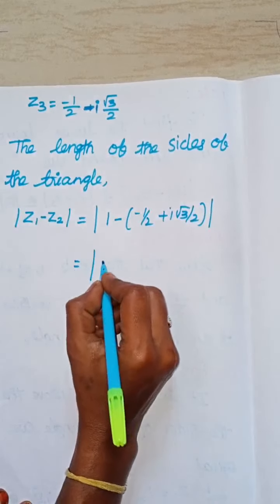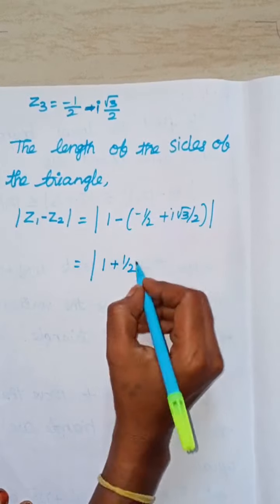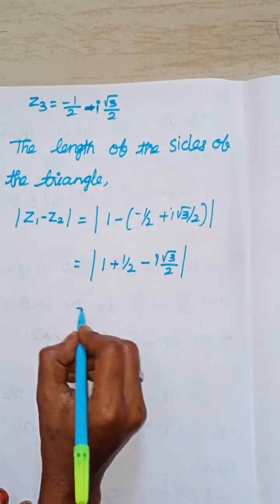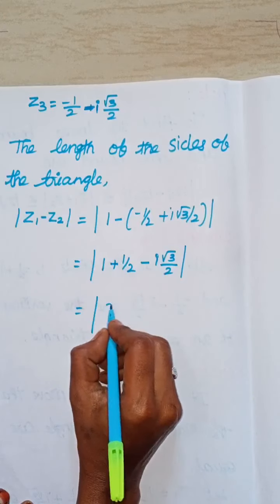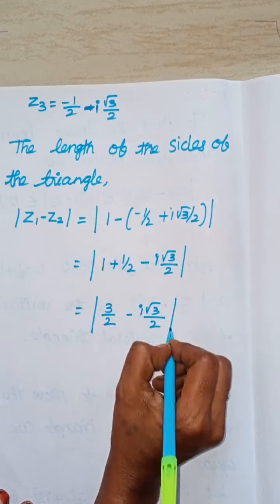This is equal to 1 minus of minus 1 by 2 minus I root 3 by 2. Take the LCM: 2 plus 1 is 3. So 3 by 2 minus I root 3 by 2.